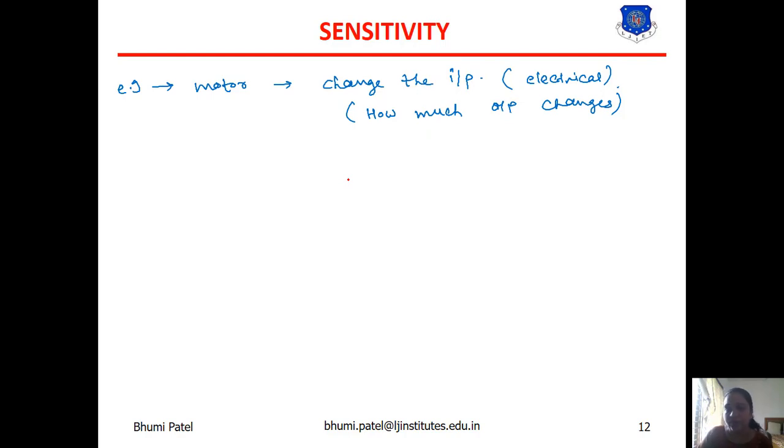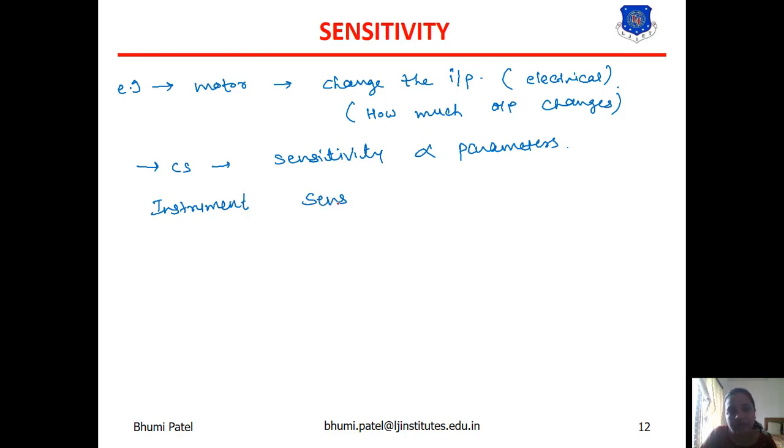So in the control system, sensitivity is directly proportional to the parameter of the system. And in instrumentation, sensitivity depends on the input of the system.